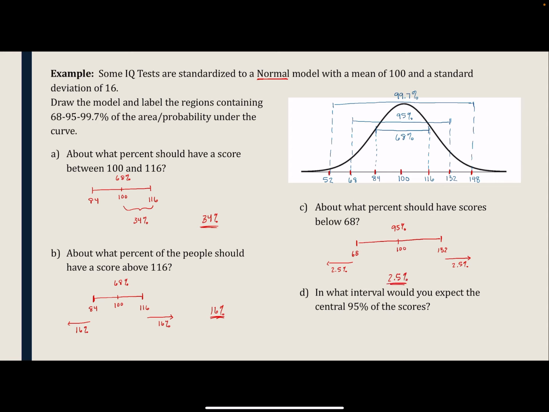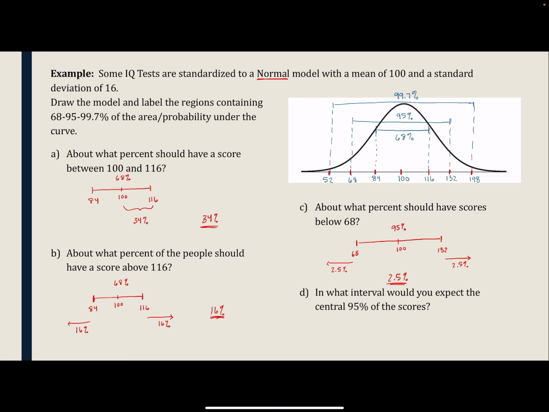And then finally it says, in what interval would you expect the central 95% of scores? So this kind of switched the question. Instead of giving you the scores and asking you for the percent, this is giving you the percent and asking you for the interval. It's given right in our display, and I wrote it in part C too, but we know that 95% of the data values are between 68 and 132.